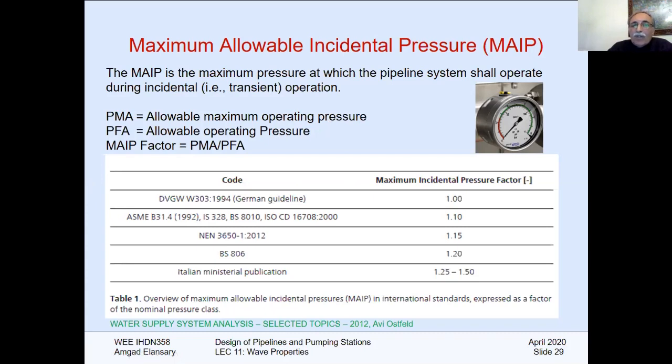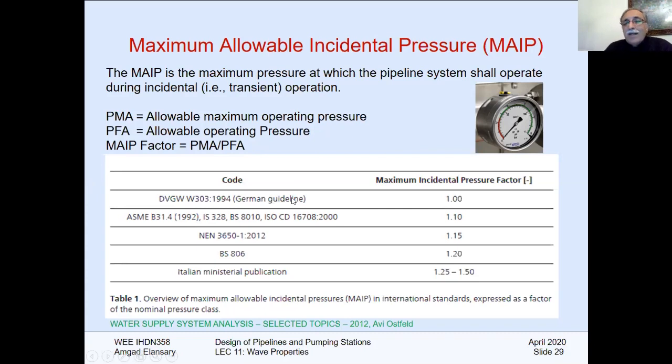I'm going to use a pipe with an allowable pressure of 8 bar. What would be the maximum allowable operating pressure for me? If I divide PMA, the allowable maximum operating pressure, over the allowable operating pressure, PFA, they are equal in the German guideline.